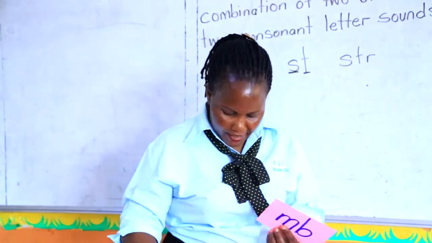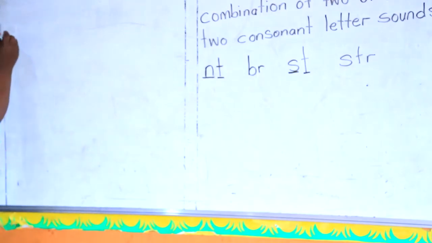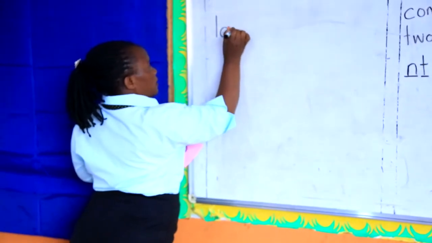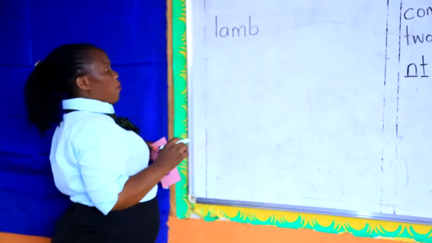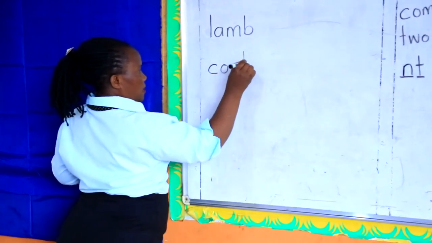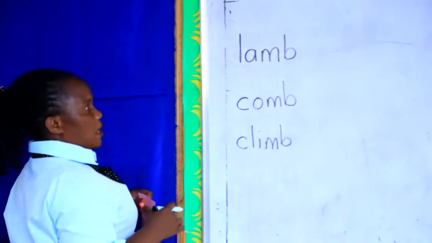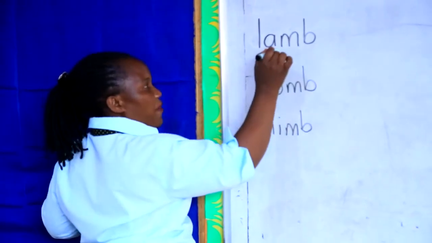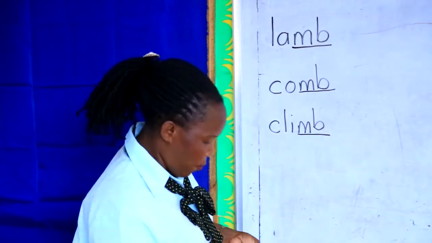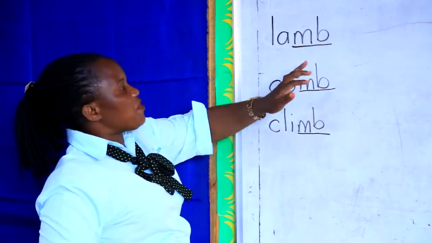But if a word ends with this, for example, the B is not pronounced.